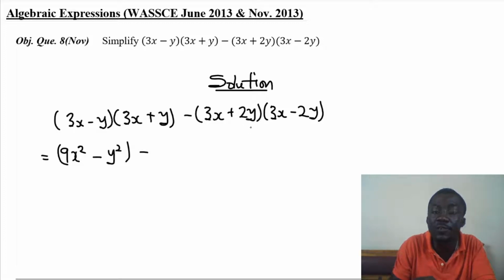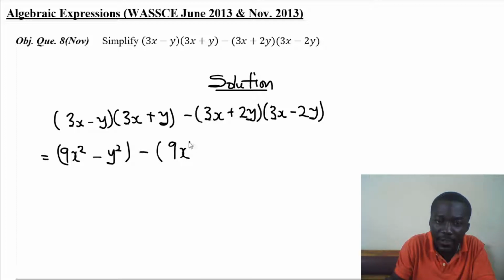Of course, this is also difference of two squares, which in this case our square numbers will begin from 9 because we have 3, then the variable is x, so x squared, then minus the second term we have 2, so the square number, that when we take the square root, we are going to get 2 is 4.